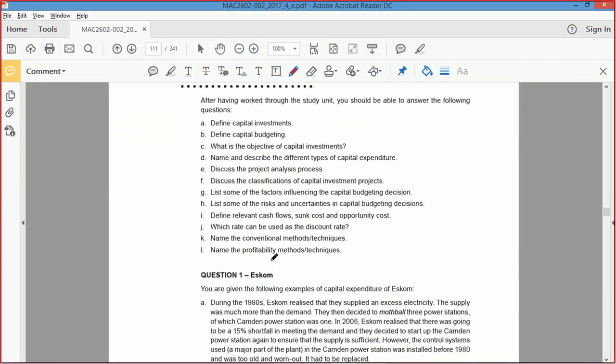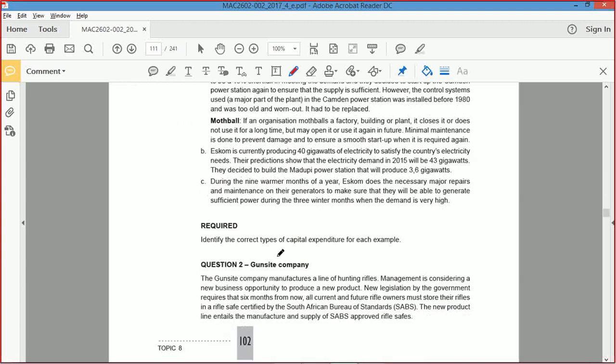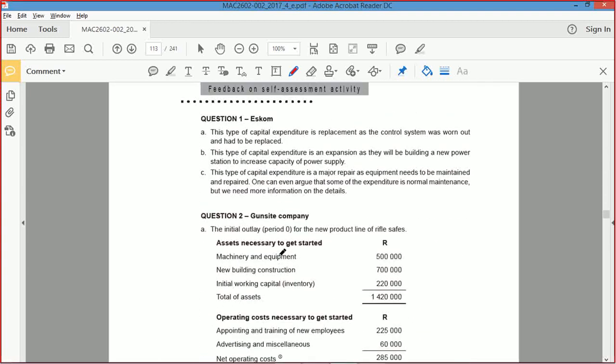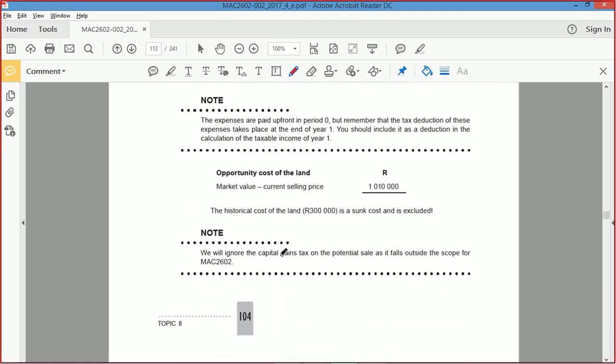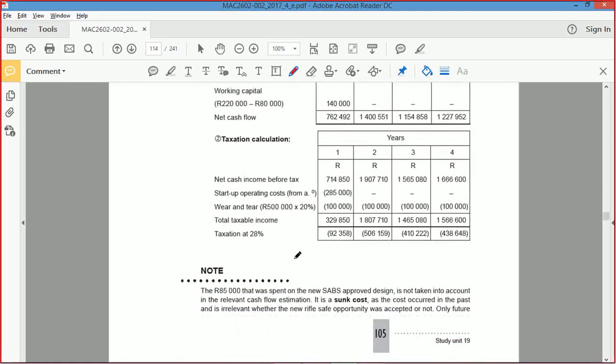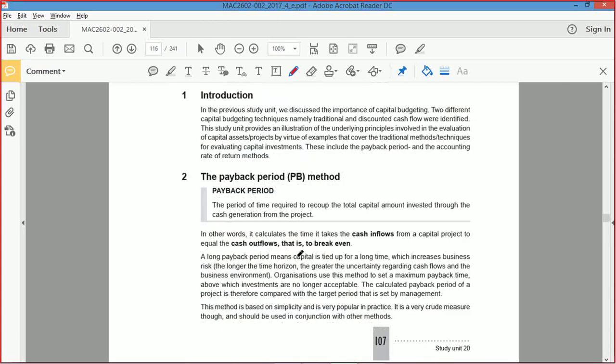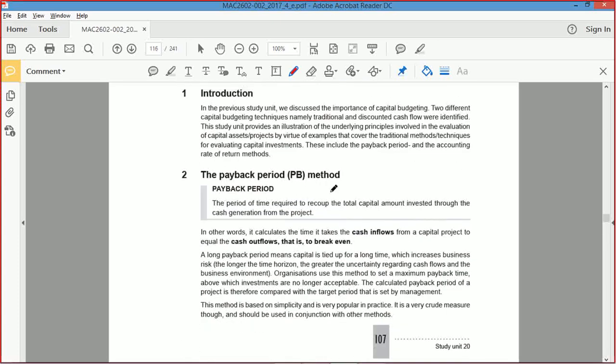Right, so let's have a look at them. I just covered the first one with you. It's on the next page here. Okay, this is self-assessment. There's payback period. We just spoke about what the payback period is. It's the time that it takes for us to pay back the initial investment.